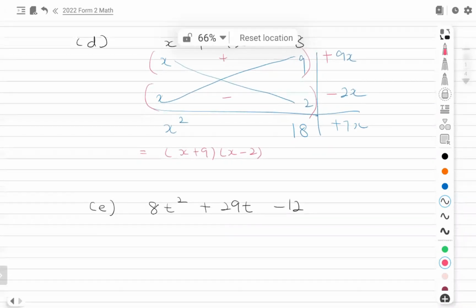The hardest one, E. Yeah, okay, correct.